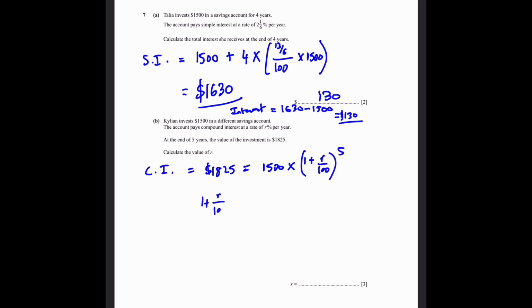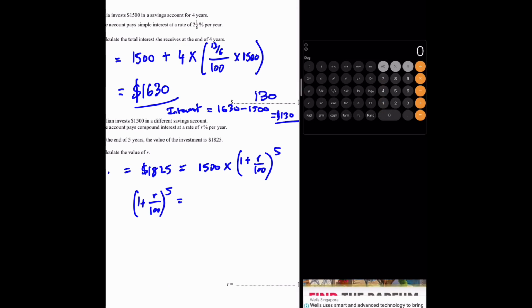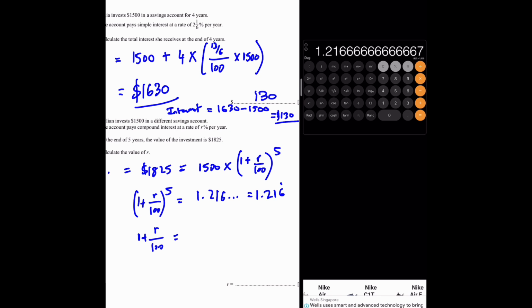1 plus R by 100 to the power of 5 is equal to, let's do this on the calculator, 1825 divided by 1,500, which is 1.216 recurring, written as 1.216 with the dot on top. So 1 plus R by 100 is just going to be the fifth root of this. Taking the root of 5, we get 1.040002 and so on.